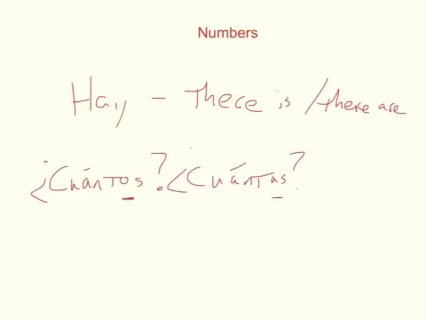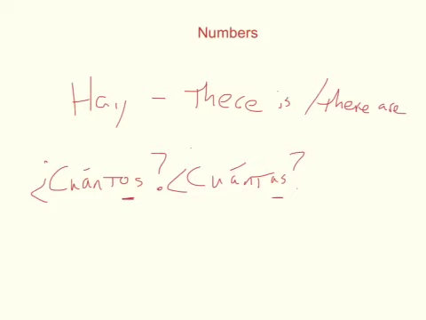So you may ask yourself, well, what if there is a mix? What if there are masculine and feminine things that we're talking about? For example, a group of guys and girls. Well, if there's at least one masculine thing, you're going to use the masculine word. It doesn't matter if you have 1 million females and one male, you're going to use cuantos. You're going to use the masculine because there's at least one masculine item.